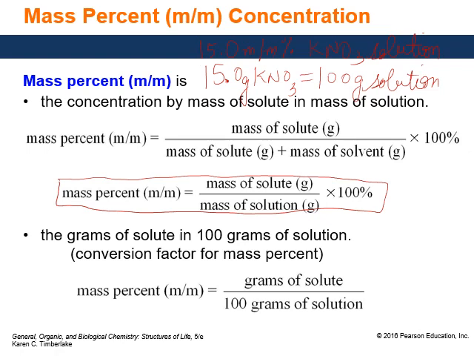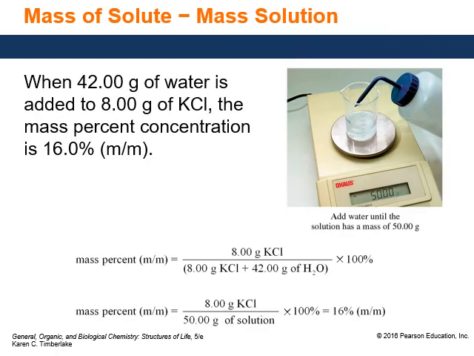Okay, for instance, the question tells you right here, when 42.0 grams of water is added to 8 grams of KCl, the mass percent concentration is 16.0 mass over mass. How did we get this number? Let's say the question was: when 42 grams of water is added to 8 grams of KCl, what is the mass percent concentration?